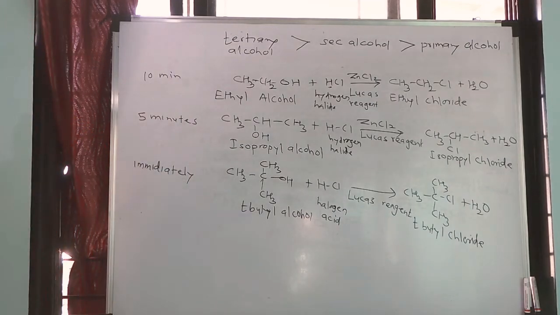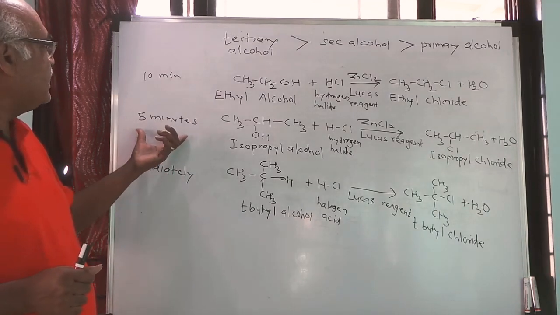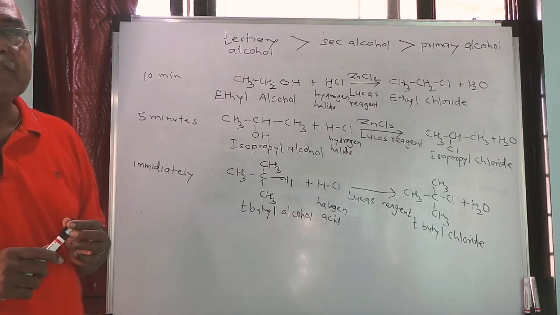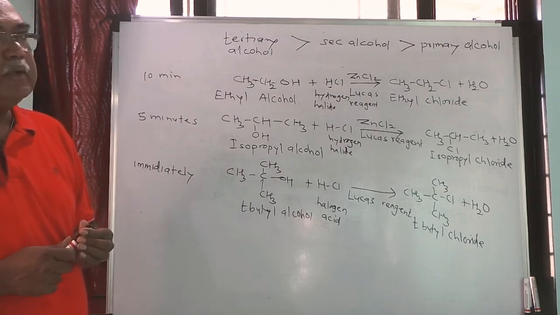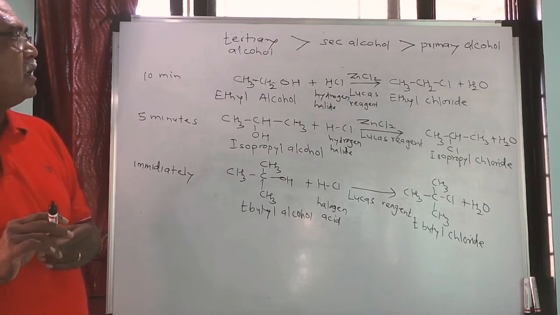But how are you going to find out whether the reaction is complete within 5 minutes or 10 minutes or immediately? You get the alkyl halide, and these alkyl halides are in the form of turbidity.